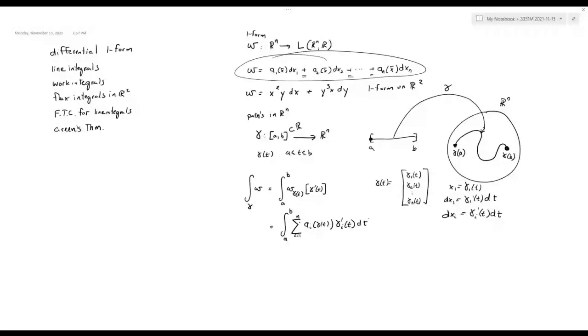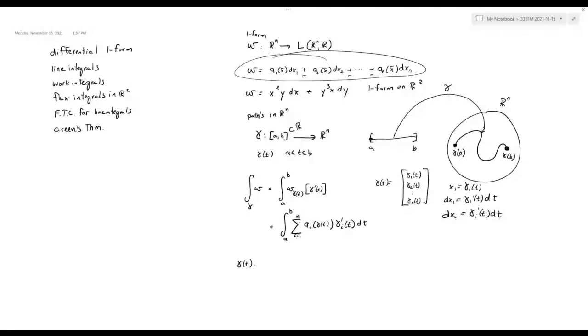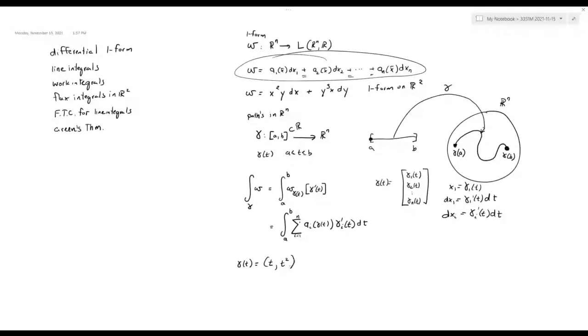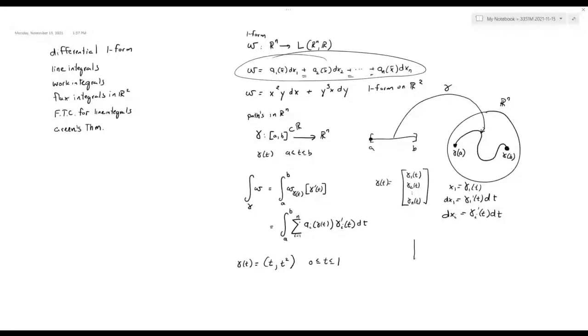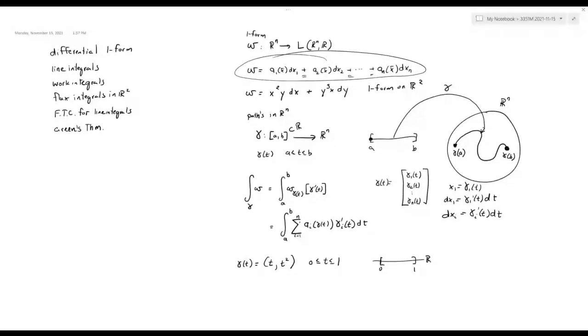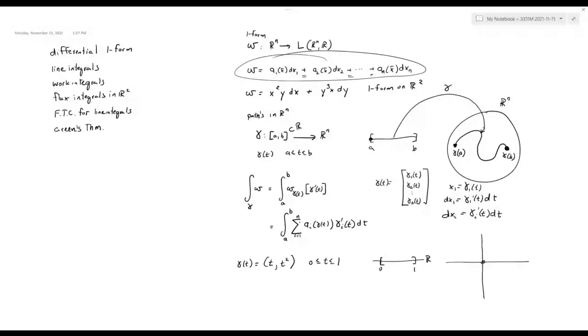Okay. So for example, if it happens that gamma of t is (t, t squared) as t goes from 0 to 1, we're mapping the interval from 0 to 1 in the real numbers into some path where y is equal to x squared, so that would be something like this.